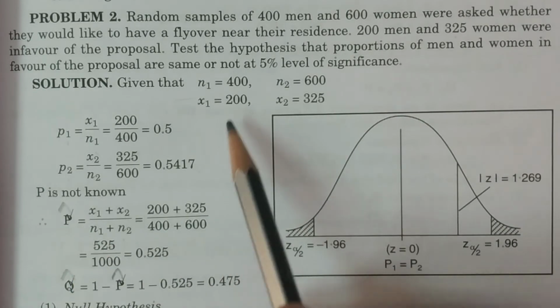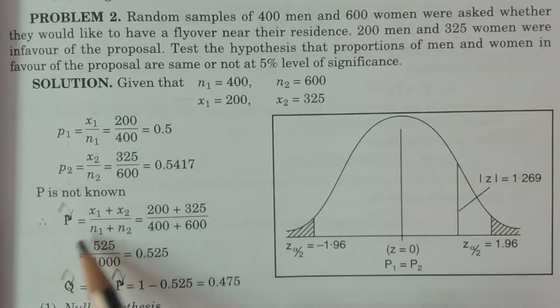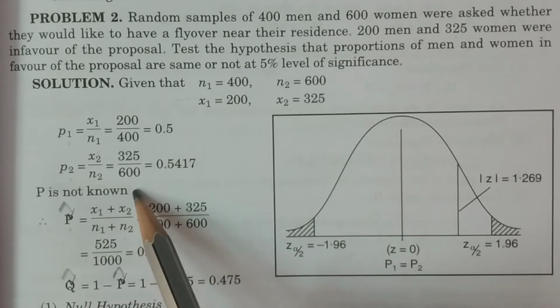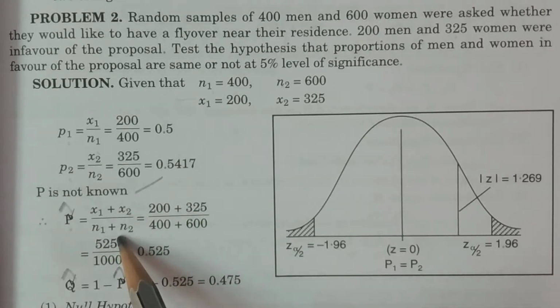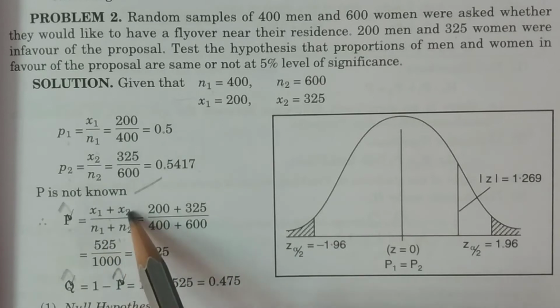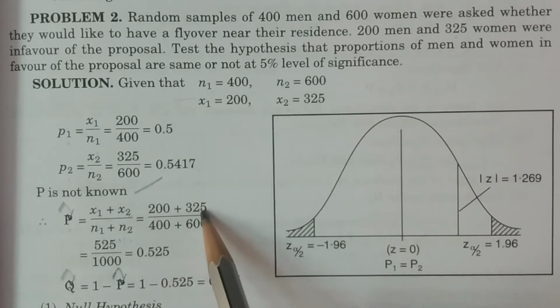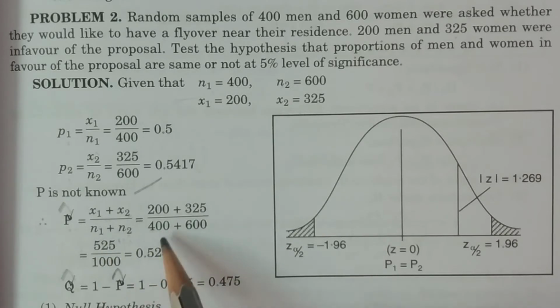Because x1, x2, n1, n2 are directly available, P cron is equal to x1 plus x2 by n1 plus n2. If P is not known, then in such a case we have to use this. So x1 is 200, x2 is 325, n1, n2 are 400, 600.